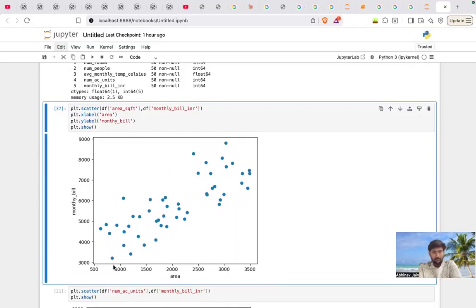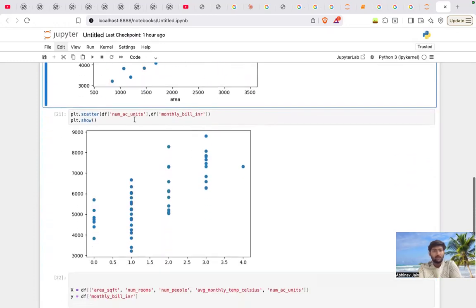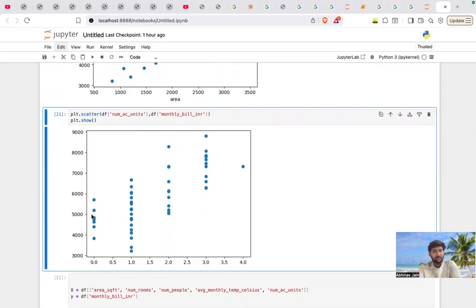So you can see clearly that as your area increases, your monthly bill also increases, right? We can get this from this figure. Now again, the number of AC units, how this maps to the monthly bill. When we have one AC unit, our overall monthly bill resides in this range.